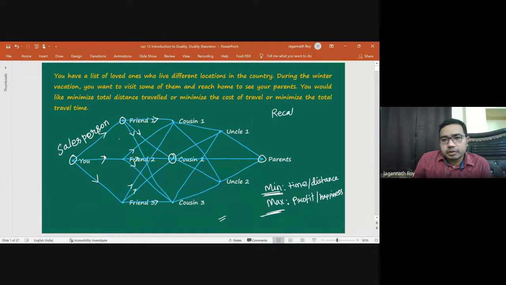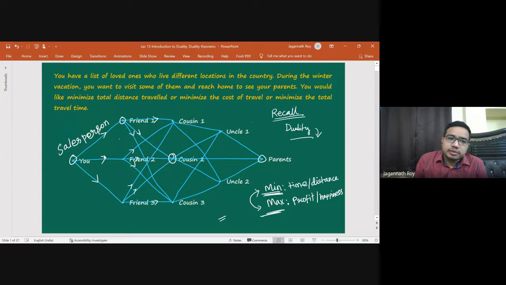So let us recall that we have briefly introduced the idea of duality. Duality is related to the optimization problem, for which a given problem can be seen as another optimization problem for which the objective will be distinct.